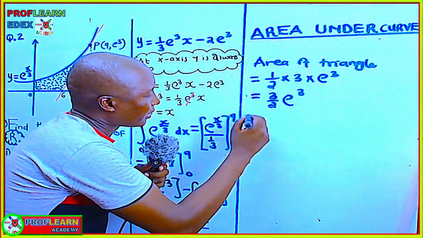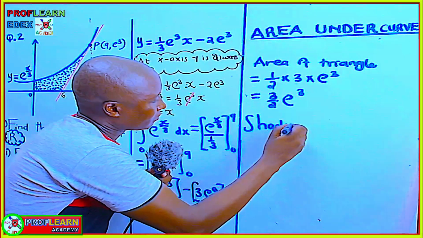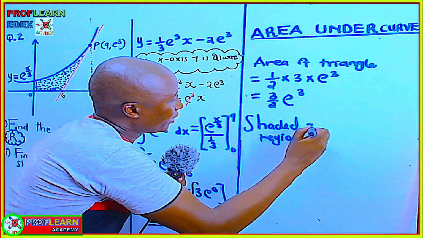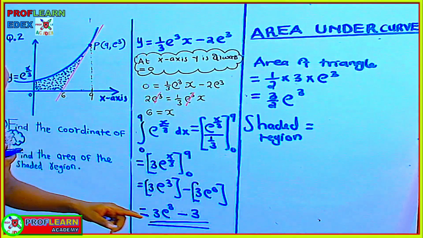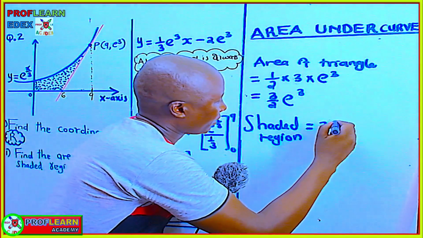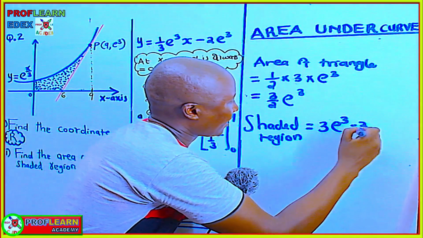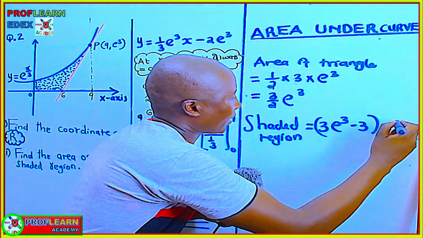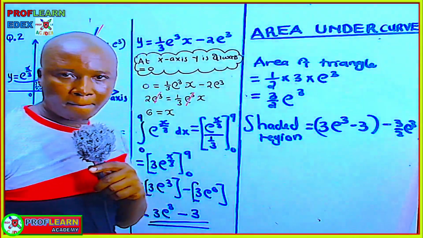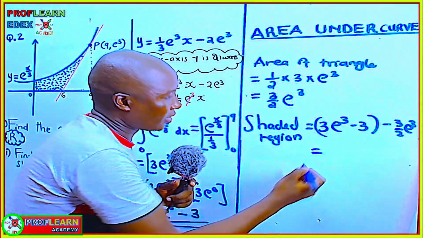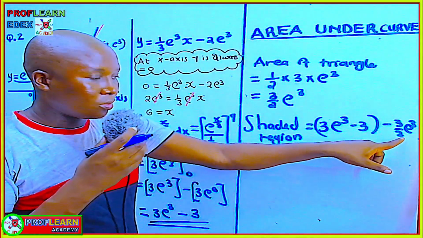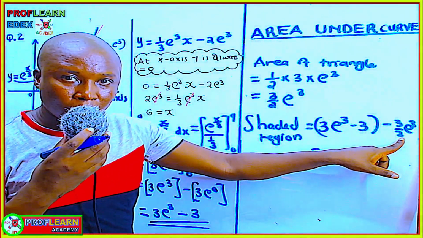Now the shaded region is going to be equal to 3e^3 minus 3, subtract 3 over 2 e^3. Now, if you work this out, what are you going to get? 3 over 2 is equivalent to 1.5.